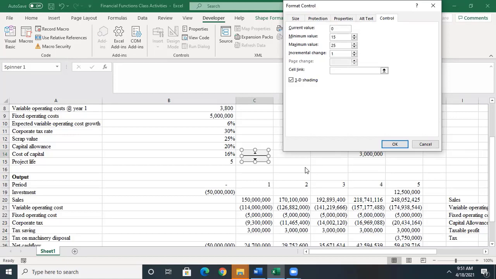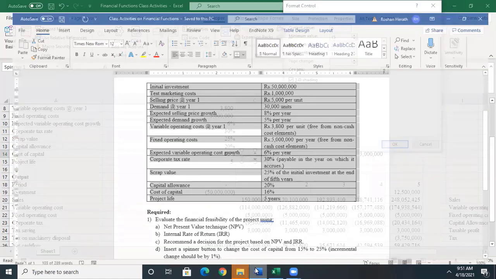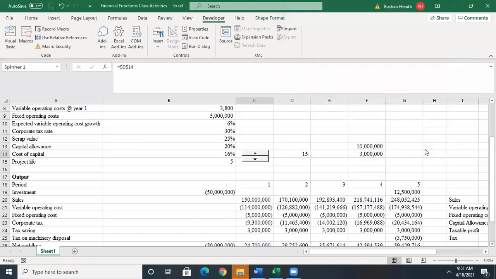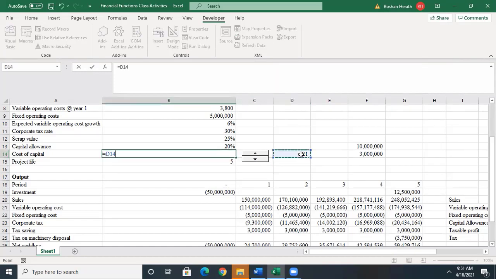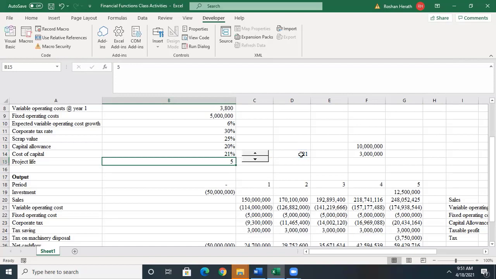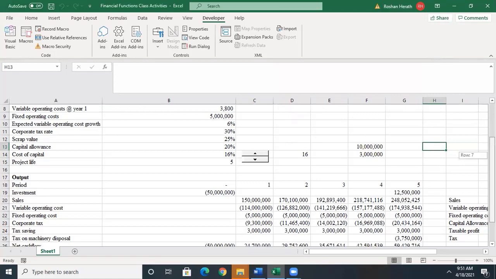Minimum value has to be 15, maximum 25. Incremental change 1, and you can link that to a cell. Now when you click that, it moves. So when you change that, now it works. We have discussed plenty of these, so you should be able to perform that. That is the end of the first part of the question.